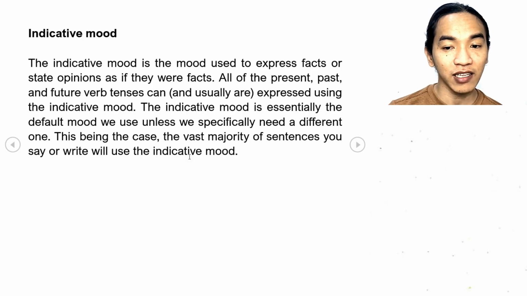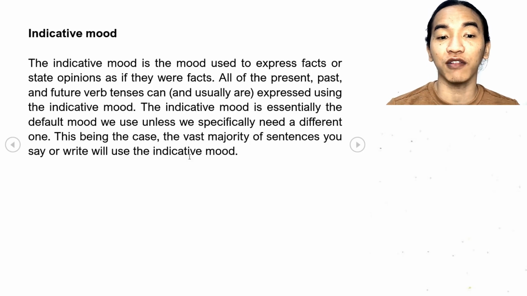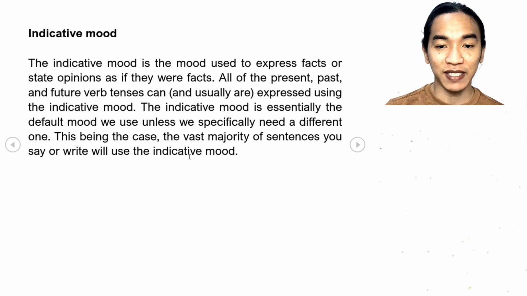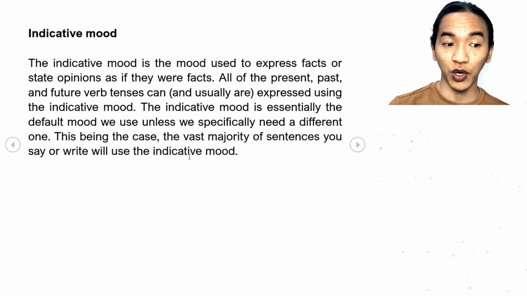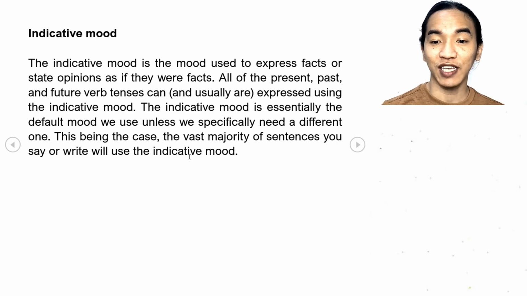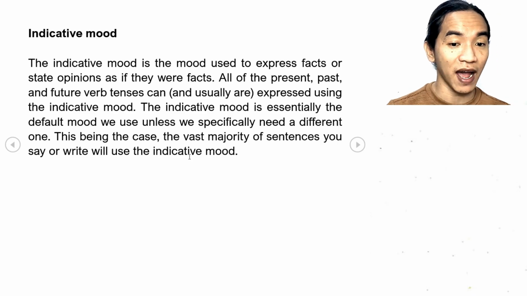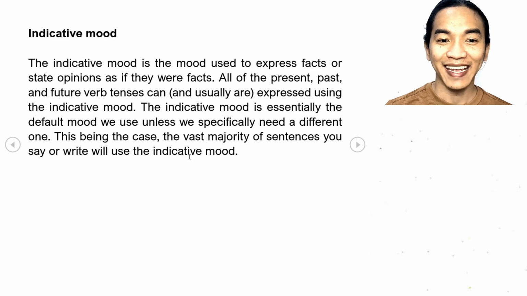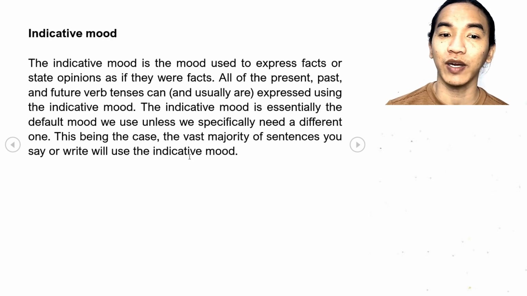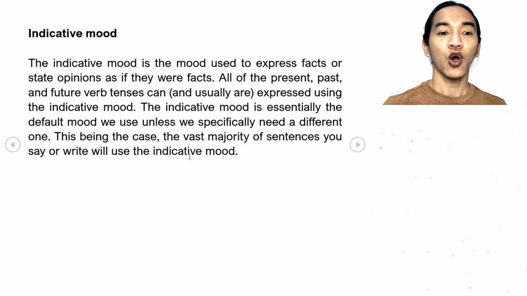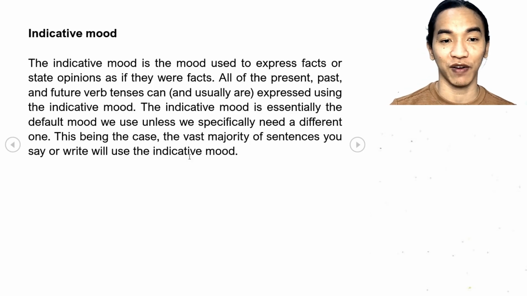Okay? The indicative mood is essentially the default mood we use unless we specifically need a different tone or a different one. This being the case, the vast majority of the sentences you say or write will use the indicative mood. So, in short, indicative mood is usually our default mood when we are talking about facts or opinions as if they were facts.